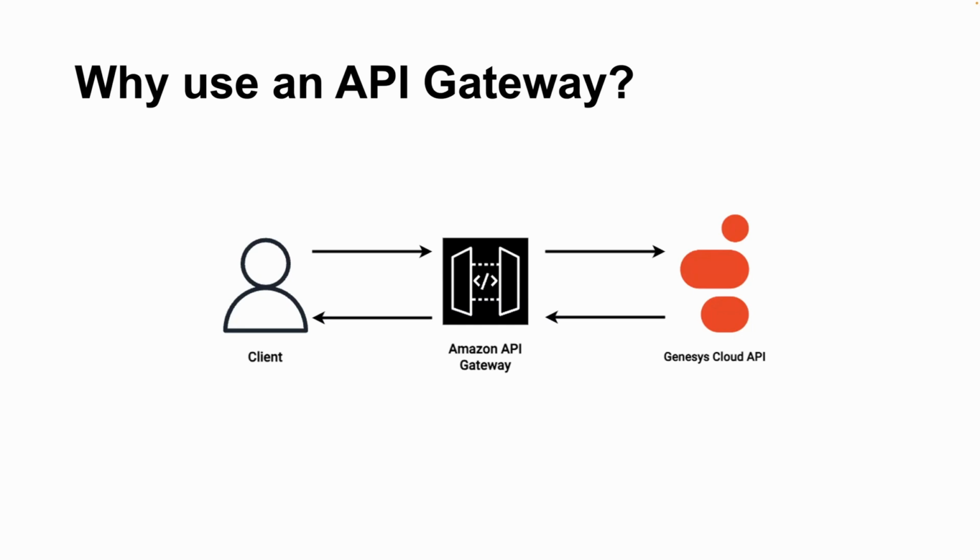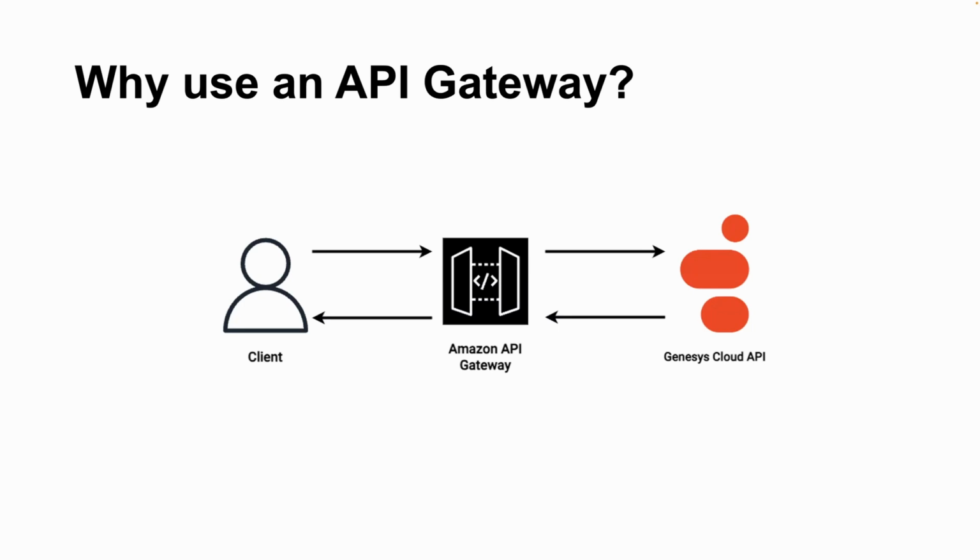It acts as a middleman to manage API access and streamline communication between applications and various backend services, like the Genesys Cloud API, that often includes features like authentication, rate limiting, monitoring, etc.